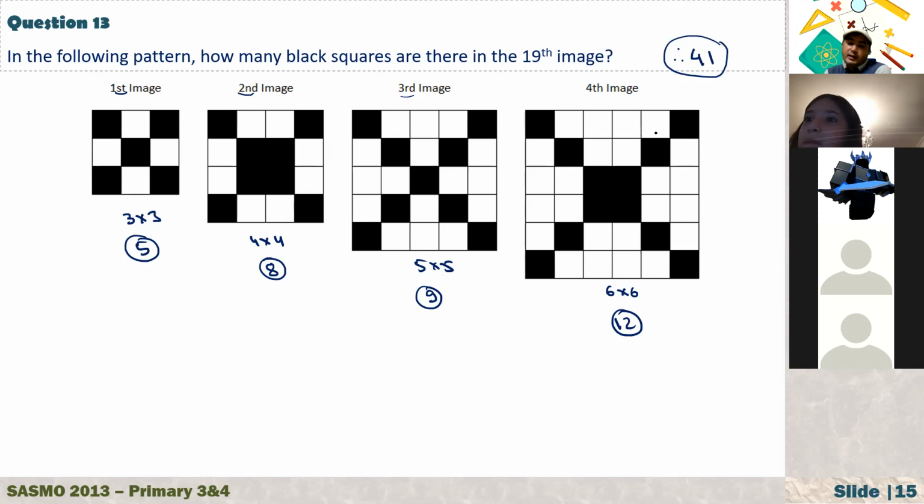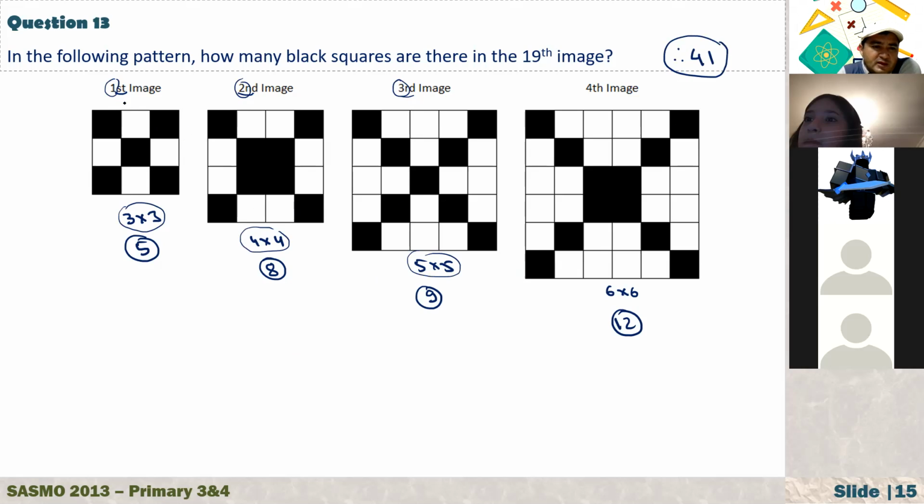Okay, again, guys, just listen carefully. The first image, that is the number of the image, right? In the first image, we have a 3 by 3 square. In the second image, we have a 4 by 4 square. In the third image, we have a 5 by 5 square. So now what do you notice here, Nazlı?